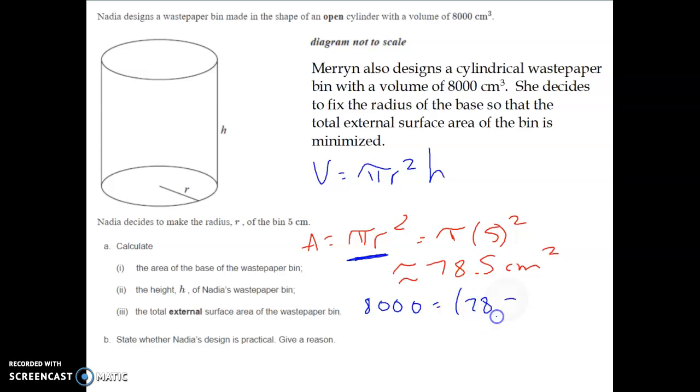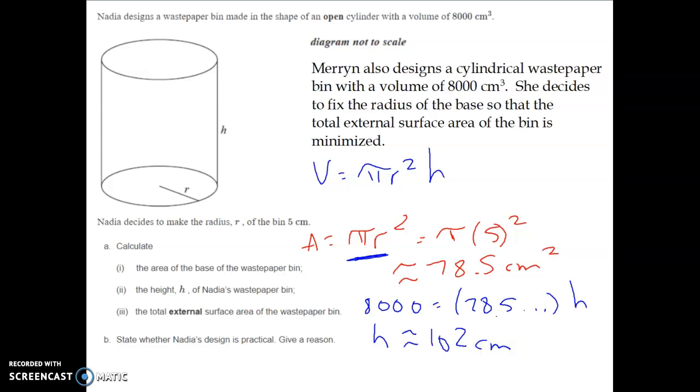So I'm going to put 78.5 dot dot dot. I kept that whole value in my calculator like I'm supposed to. And then I have h that I'm looking for here. So dividing both sides by 78.5 dot dot dot, I end up with h approximately equal to 101.9 and so on, which is going to round to 102. And this time height is a linear measurement, so centimeters on that.